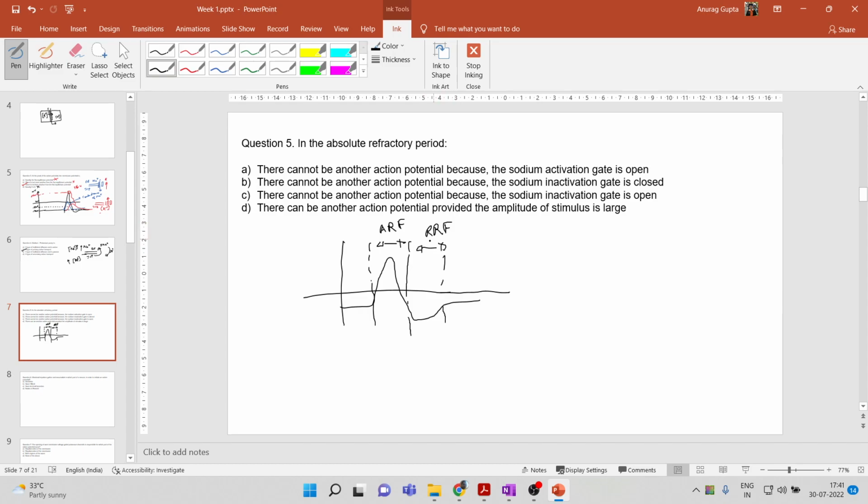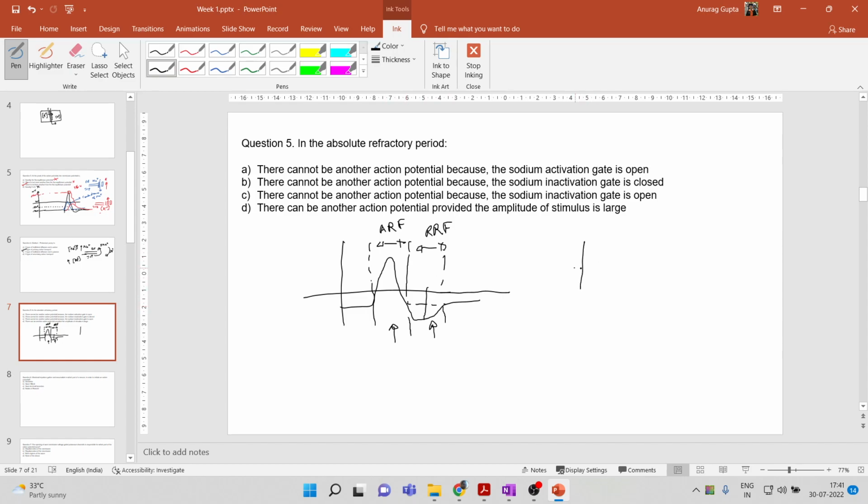During the absolute refractory period, no matter what stimulus is given, another action potential cannot be generated. And during the relative refractory period, there is a possibility of generating another action potential, provided the stimulus is large enough.